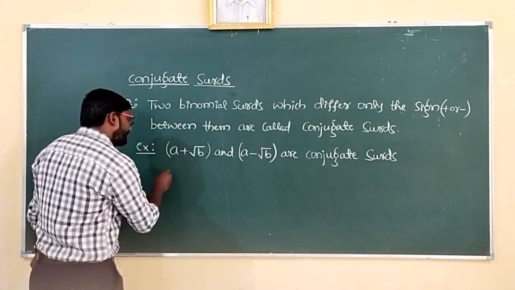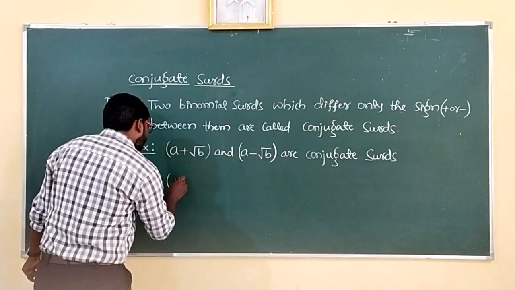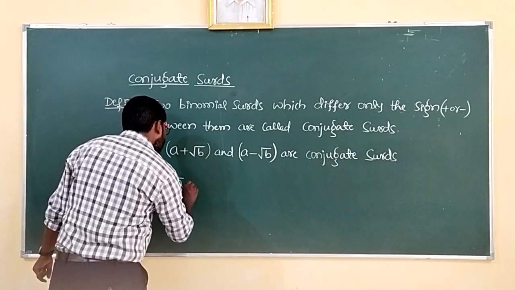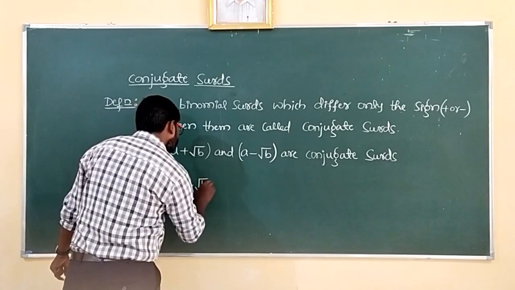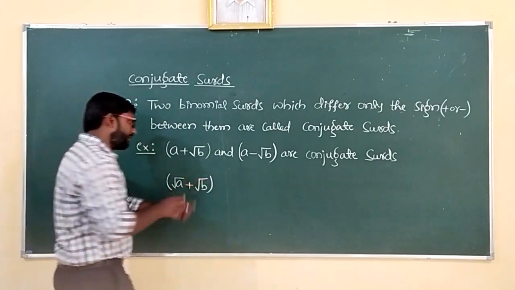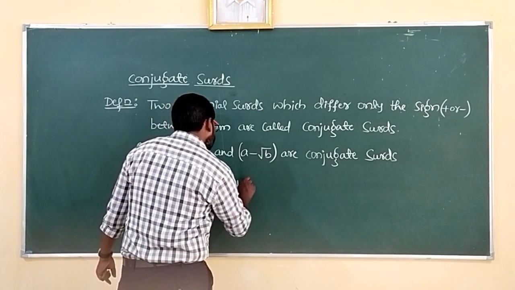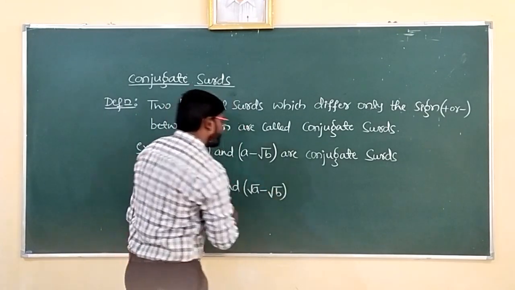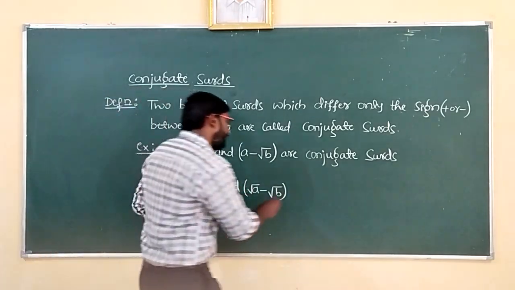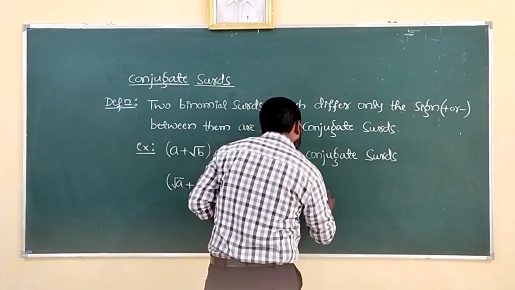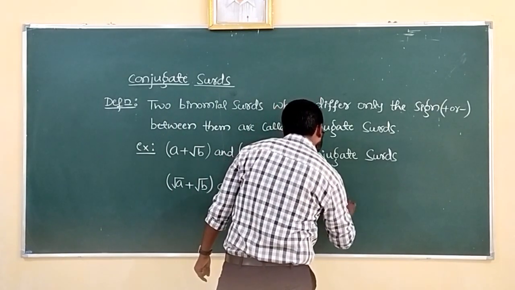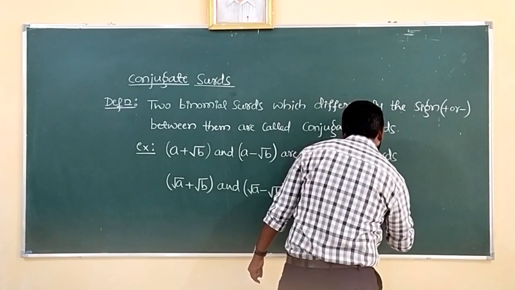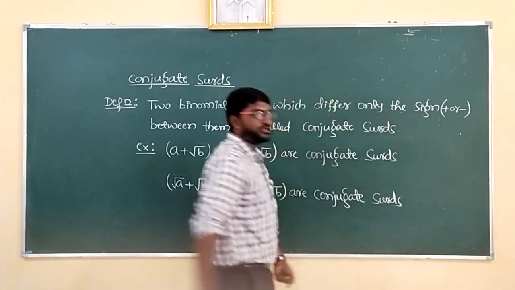And then we give another one: root a plus root b and root a minus root b are conjugate surds.